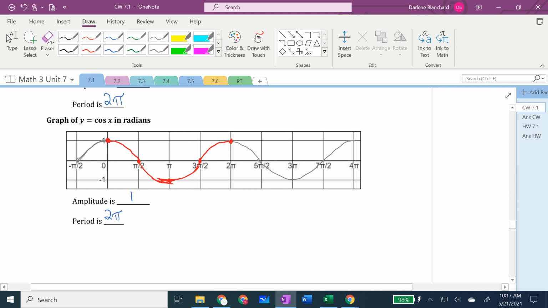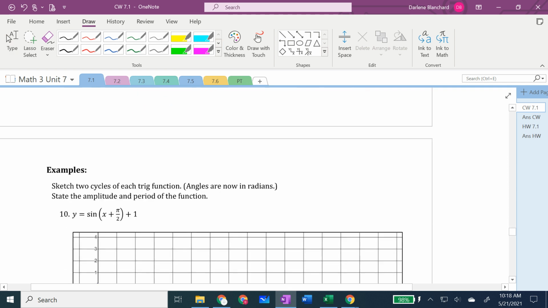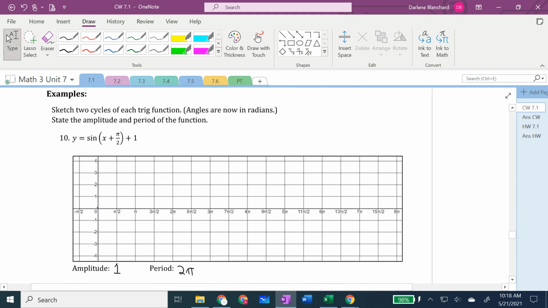And we are going to look at sketching some samples. So here's example 1. I want you to notice that we don't have any multiplication or division.